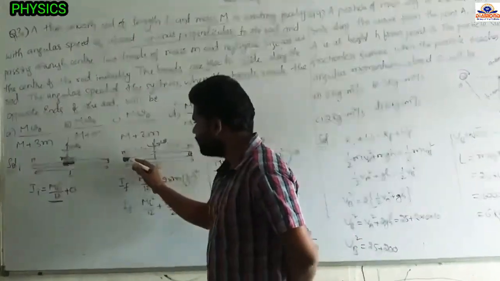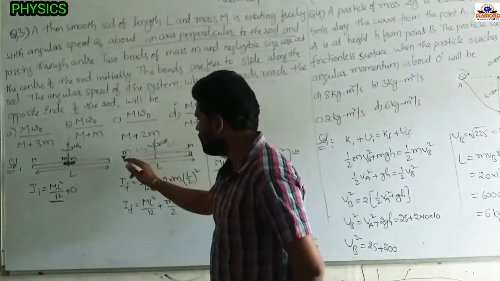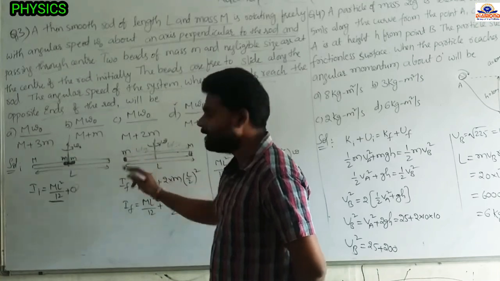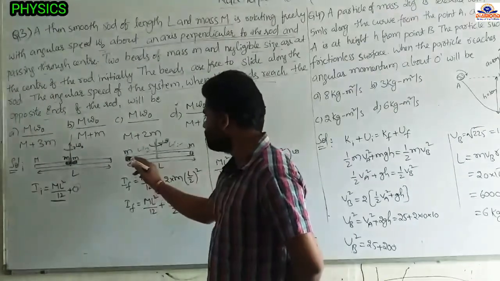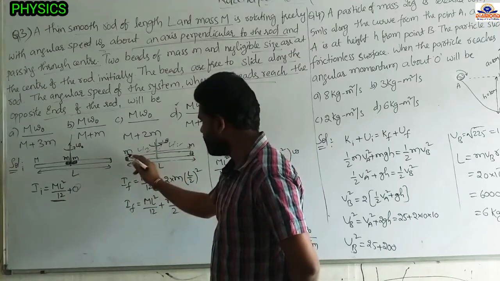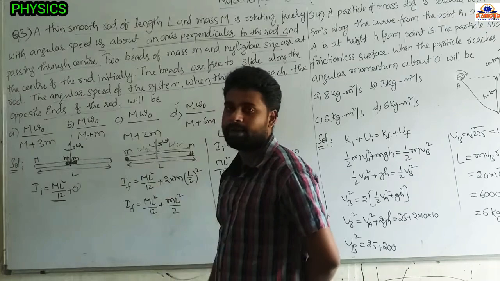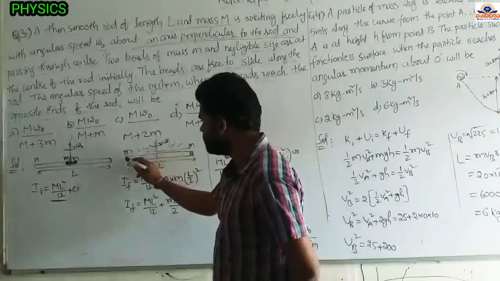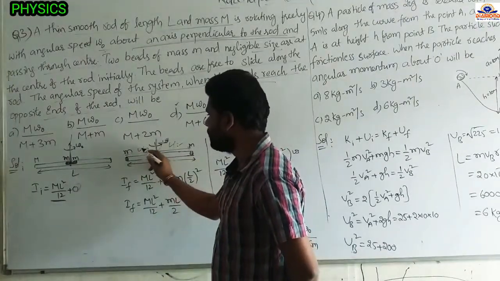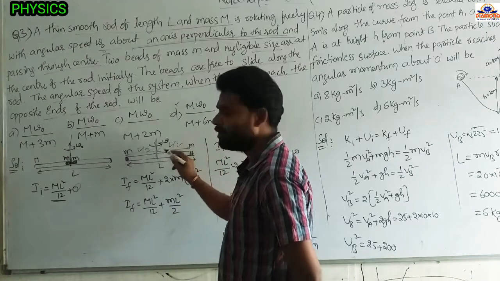The moment of inertia of a point mass with respect to this axis is equal to the product of mass and the square of the distance between the point mass and the axis of rotation. The mass is m and the distance is L by 2, so the moment of inertia of this bead is m into (L by 2) whole square.